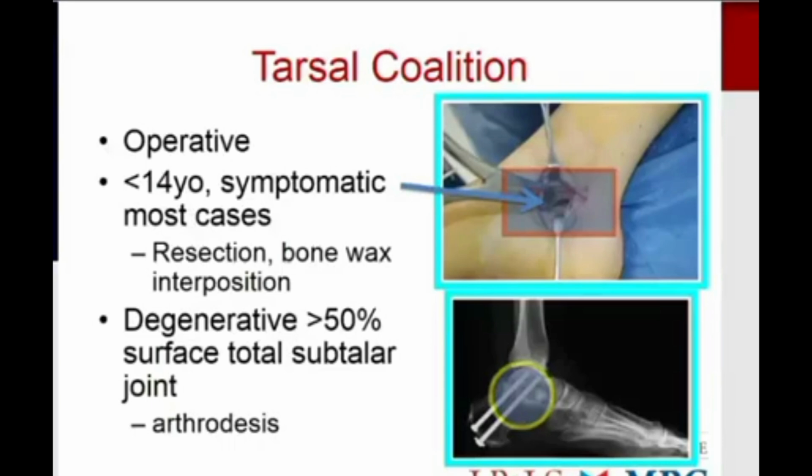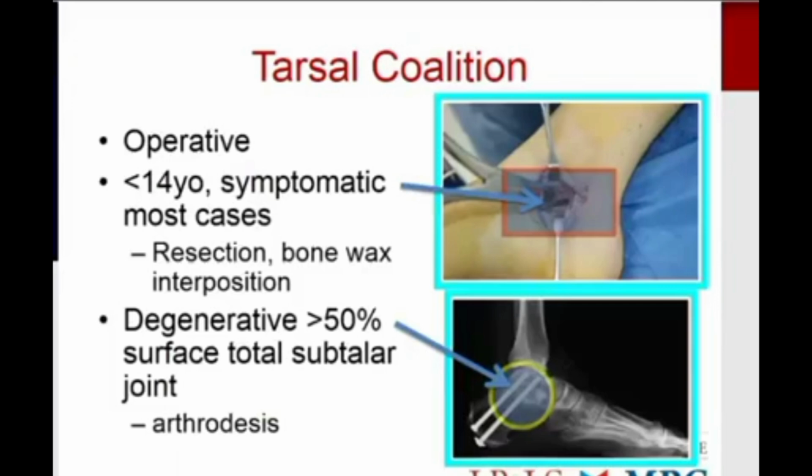There was a study done years ago that said that if you have more than 50% of the joint that's fused in the tarsal coalition, that you should fuse the rest of it. Go ahead and do an entire subtalar fusion in those patients that have a coalition of the subtalar joint or talocalcaneal coalition. But it's important to note that 50% involves the total articular anatomy of the hindfoot and the posterior facet.